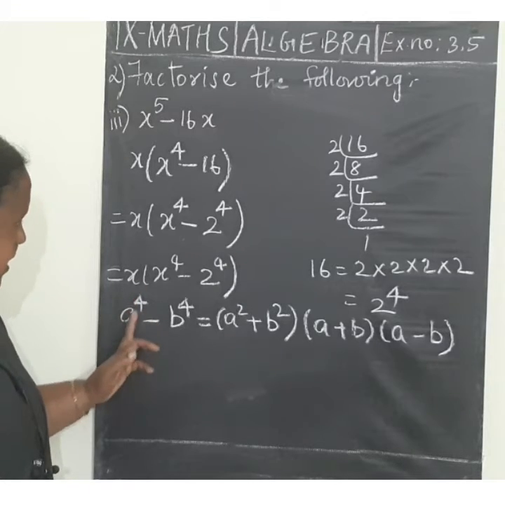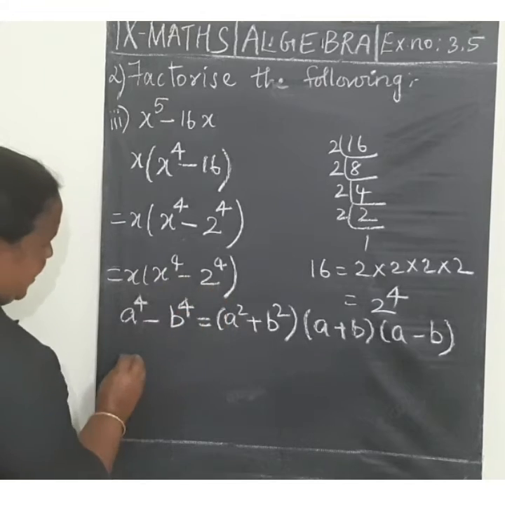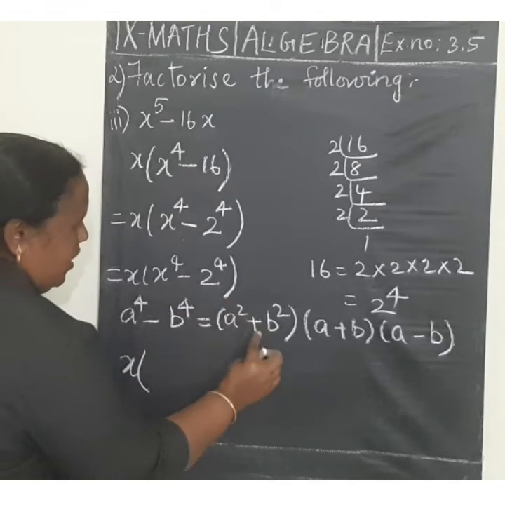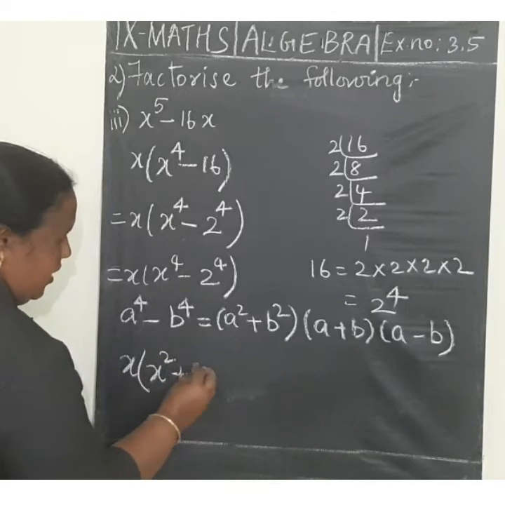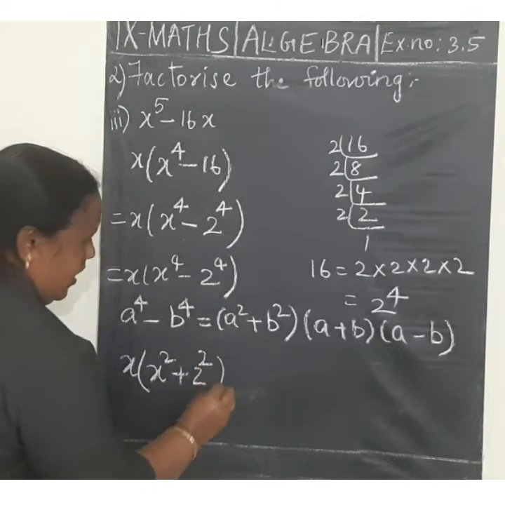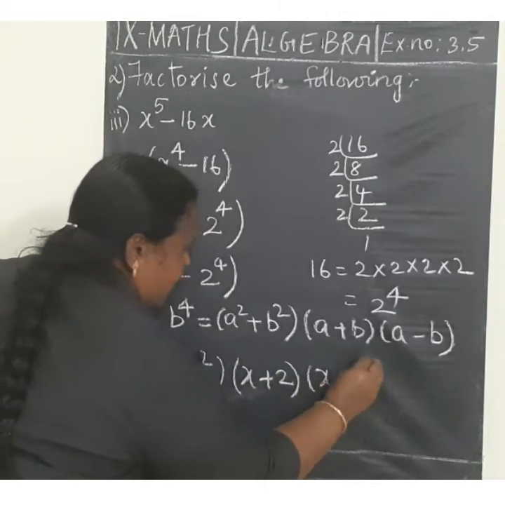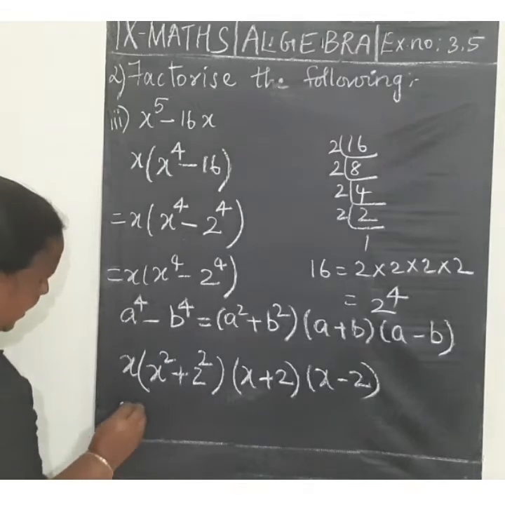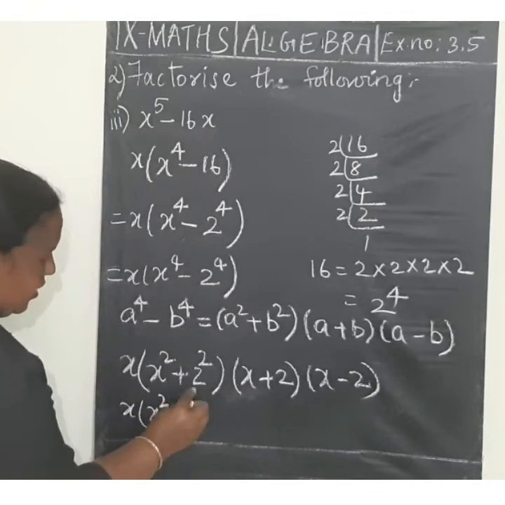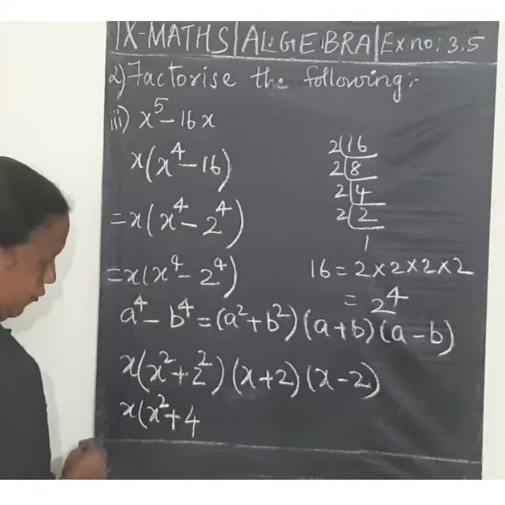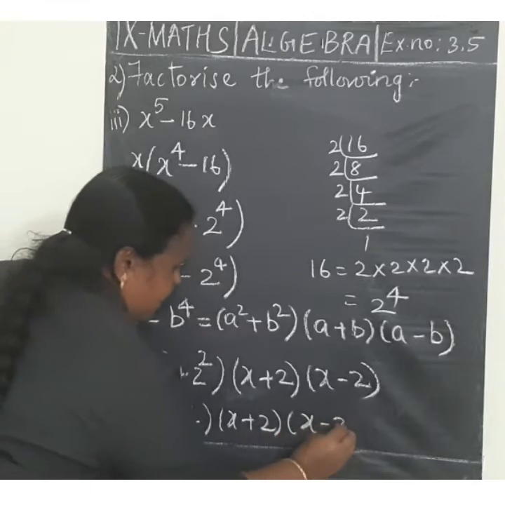Here our a is x, b is 2. So we can write it as x into x square plus 2 square into x plus 2 into x minus 2. So x into x square plus 4 into x plus 2 into x minus 2.